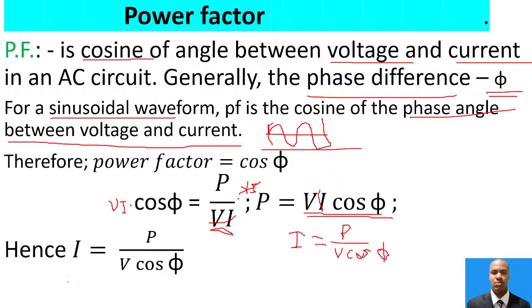Making I the subject, we get I, which stands for current, is equal to power divided by V cosine of theta.